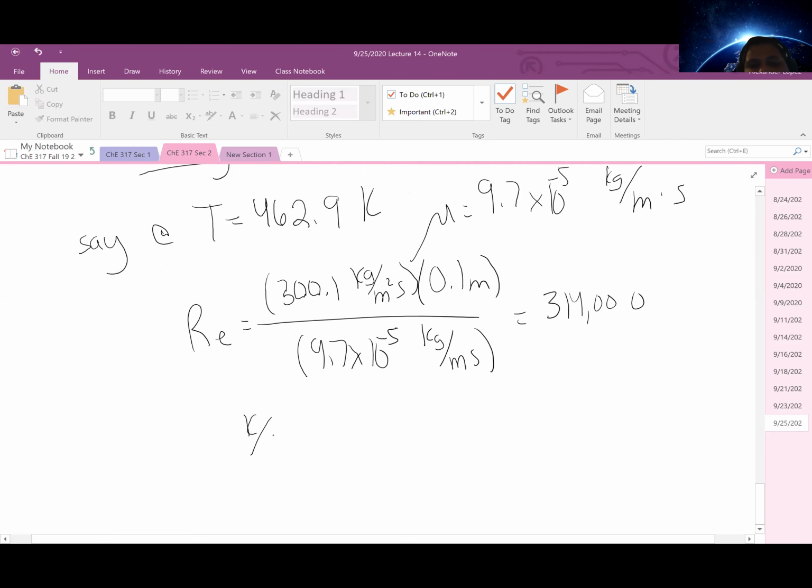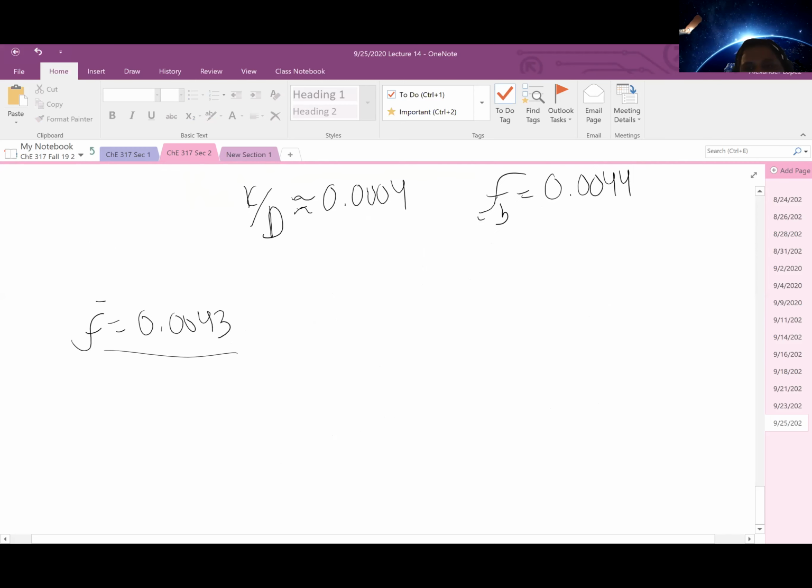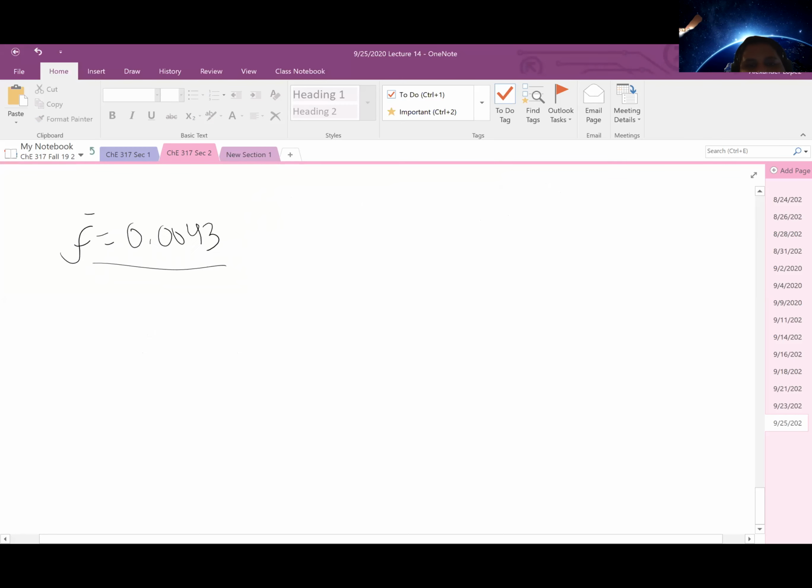I have the same K over D value, about 0.0004, which means based off our friction chart, our new friction value should be approximately 0.0044. If FA is 0.0042 and FB is 0.0044, then my average is right in the middle, 0.0043. So it's going to change my final solution, however slightly.